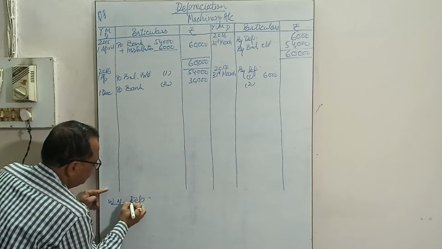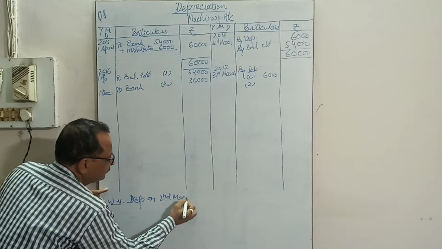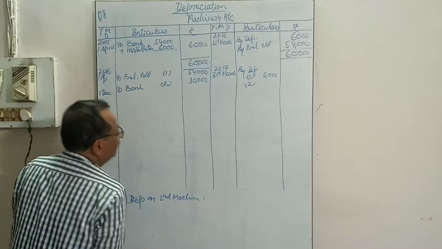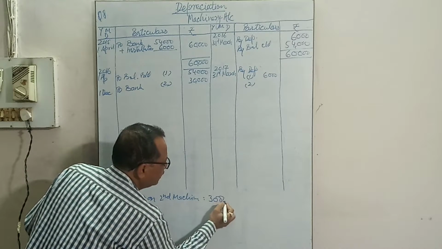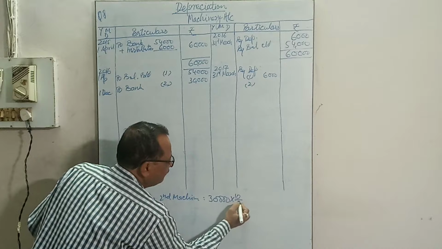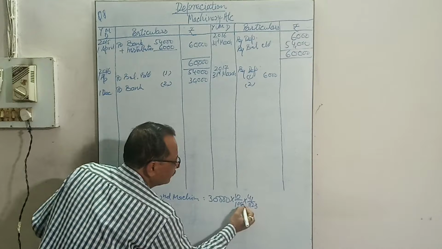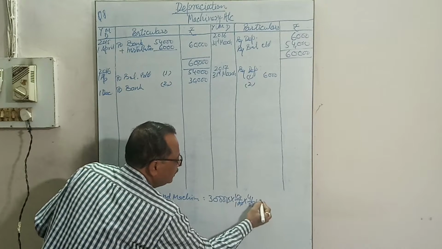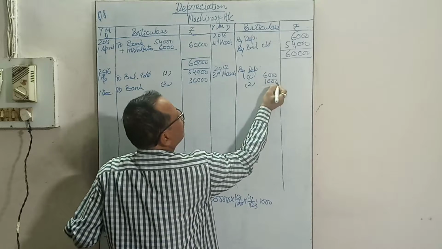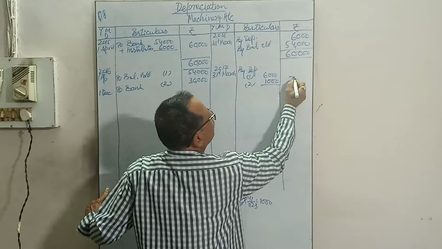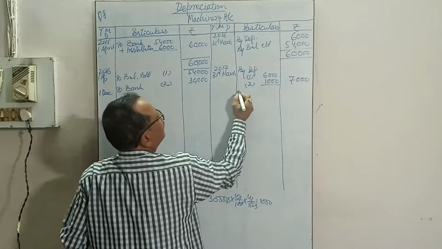Depreciation on second machinery, that is from December to 31st March, on 30,000 rupees at the rate of 10% per annum for 4 months, it's 1,000 rupees. Total 7,000 depreciation in the year 2016.